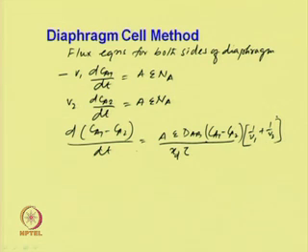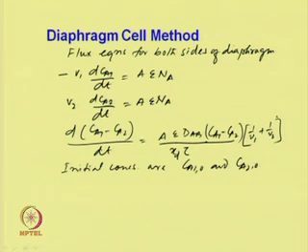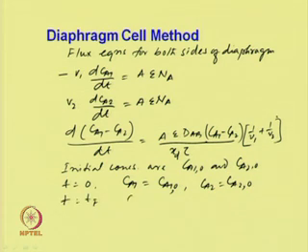So, if the initial concentrations between the compartments are CA1 0 and CA2 0, then with the following conditions: at t equal to 0, CA1 will be CA1 0 and CA2 will be CA2 0; at t equal to Tf, CA1 will be CA1f and CA2 will be CA2f.